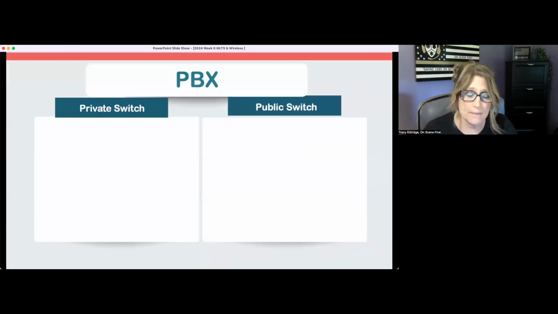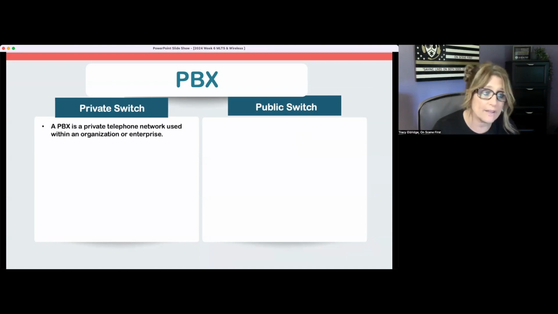Going back to the PBX thing, the BX stands for branch exchange. It's going to be different for a private branch exchange and a public switch. The private one, a PBX, is a private telephone network used within the organization or enterprise.